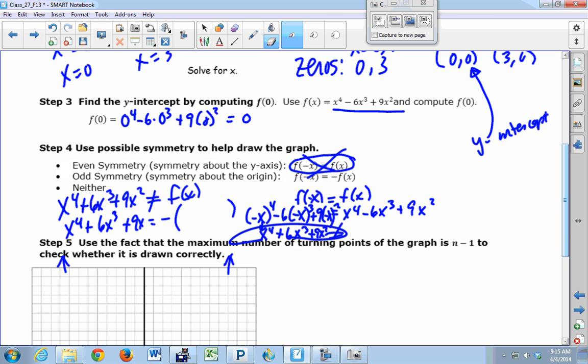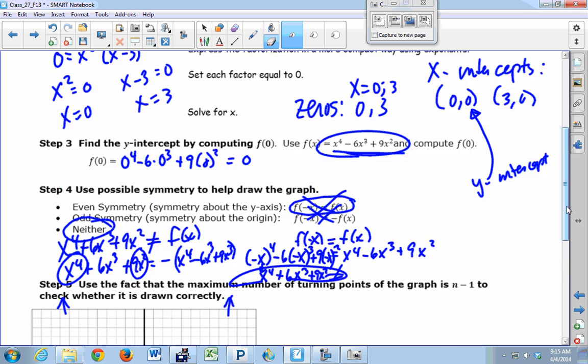Well, if I change all the signs on f of x, I'm not going to get x to the fourth and 9x squared there. So it's neither even nor odd. It's neither even symmetry nor odd. So we shouldn't expect this to have symmetry about the y-axis or about the origin.